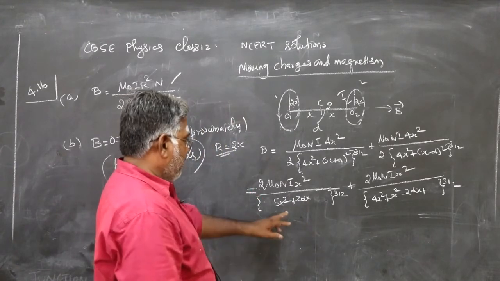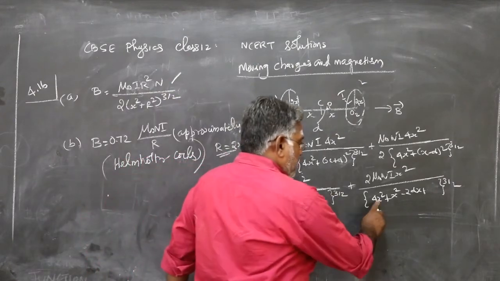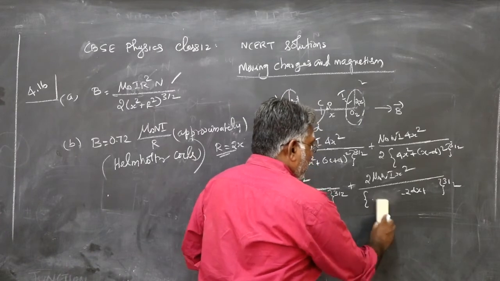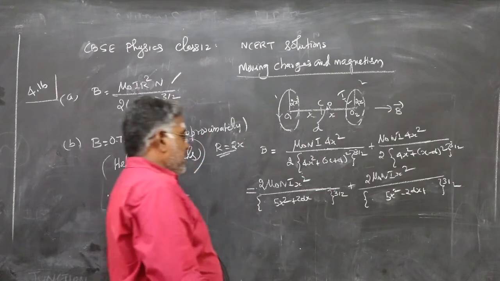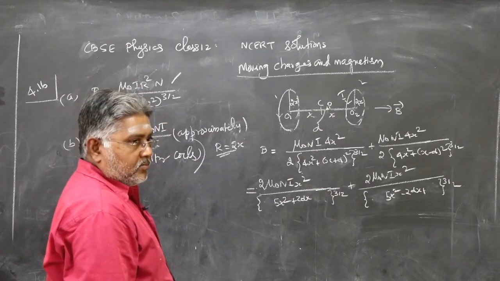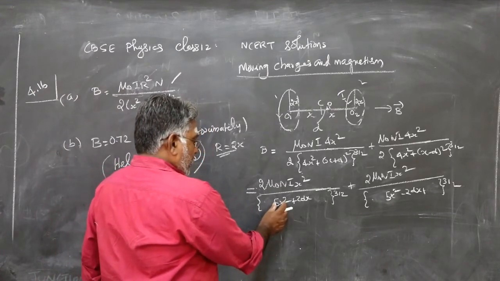That is 5x square plus 2 dx power 3 by 2. Here also 4x square plus x square 5x square, minus 2 dx power 3 by 2. 5x square can be brought out.